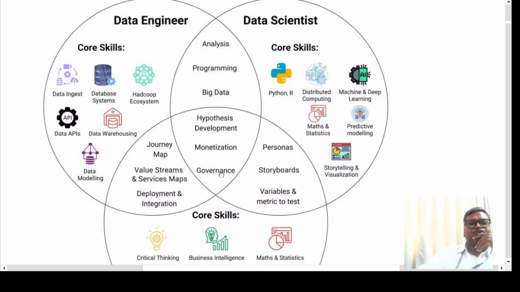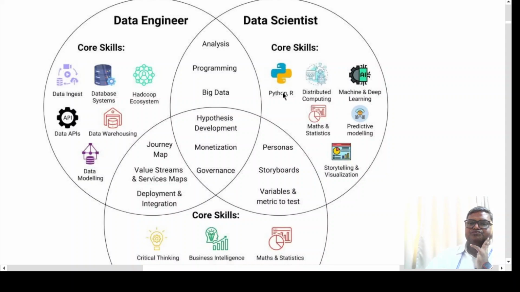For a data engineer, what we require is data storing, data retrieval. So you need database systems and Hadoop, APIs, data warehousing, data modeling. Coming to the data scientist, people require Python or R programming. That's what we are going to study in our discussion.